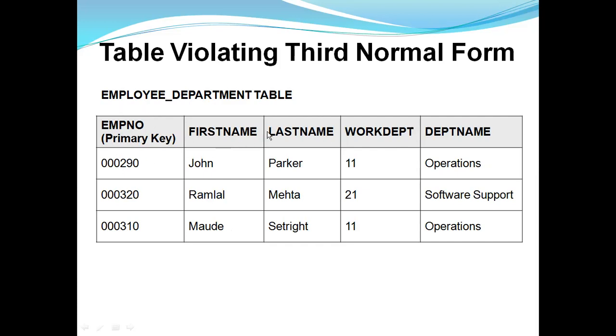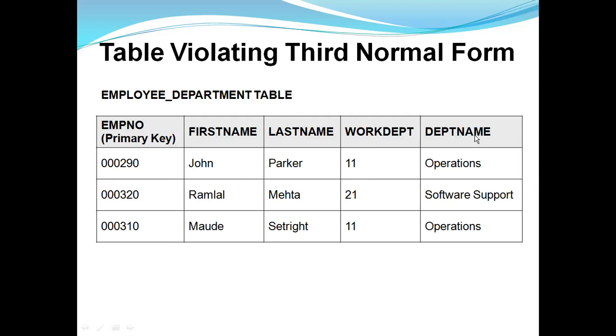Rest are non-key fields. Out of this, first name, last name is a group of fields, right? So this is the name. Can we say this name is of employee number? Yes. Can we say this is the department number of this employee number? Yes.